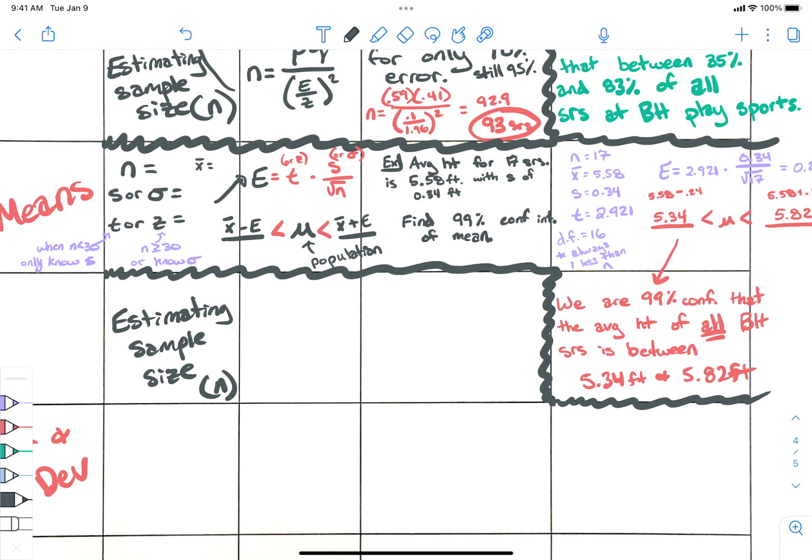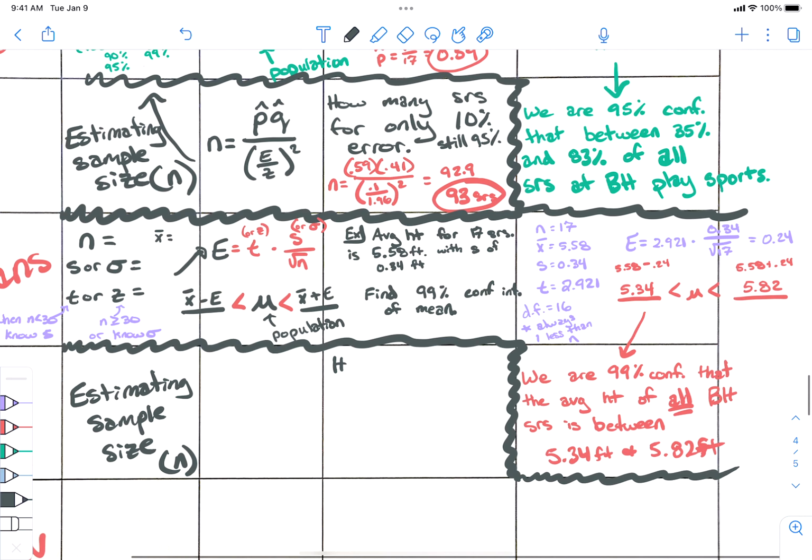Now we're going to say, how many seniors do we have to survey for? What was my error before? 0.24. How much of an error do we want now?